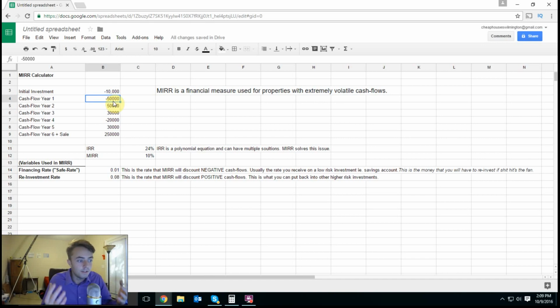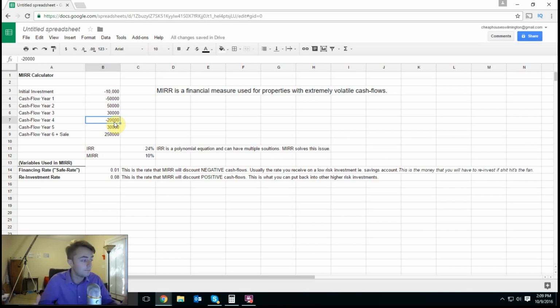Basically, when the stuff hits the fan, or when the economy tanks and you lose a tenant, you have to pay for that out of pocket, and you probably had to reach into a liquid asset to pay for that negative cash flow. Okay, so we're plugging along here. Oh God, in year 4 the HVAC system goes out and you had to pay for that out of pocket once again.